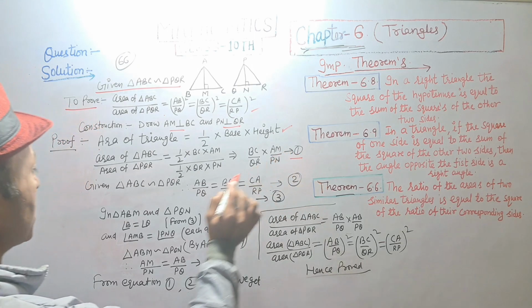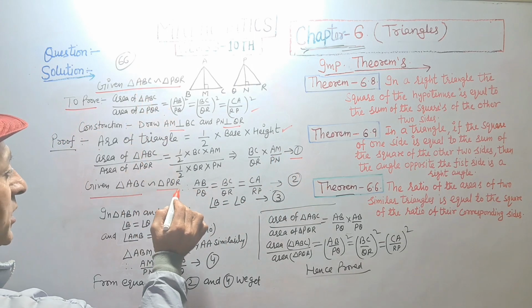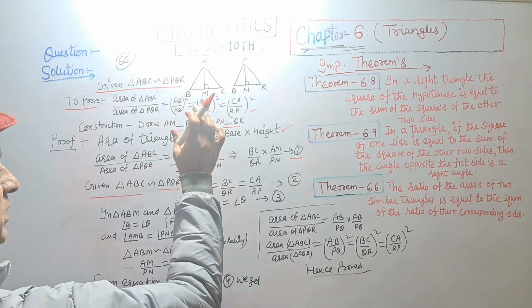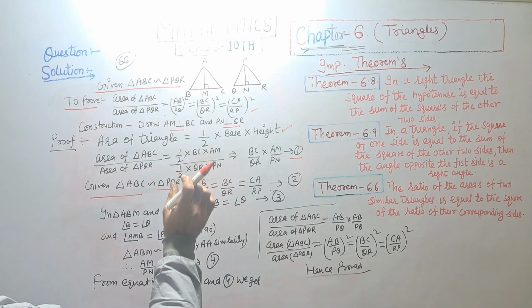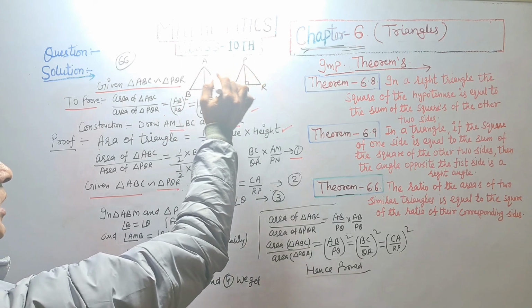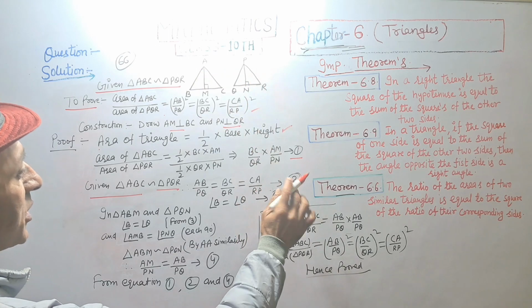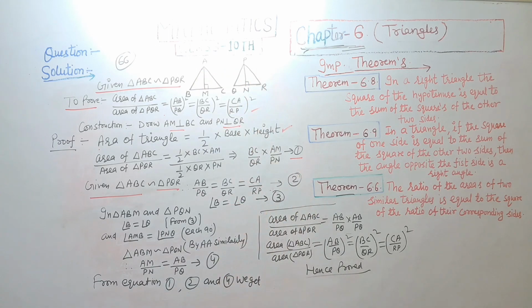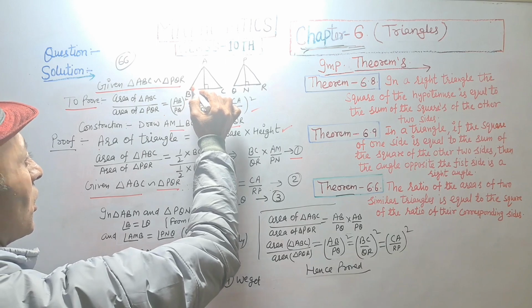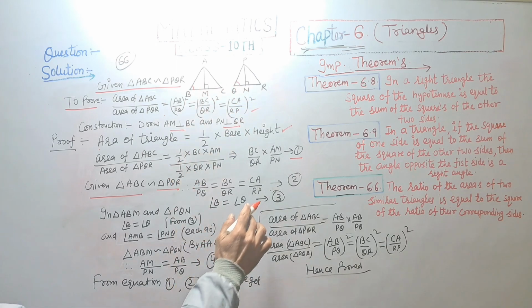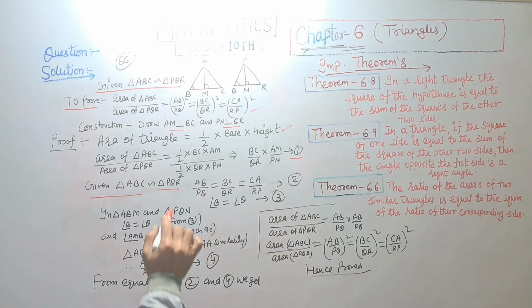It's equation number first. Given triangle ABC is similar to triangle PQR, so sides are proportional: AB upon PQ is equal to BC upon QR is equal to CA upon RP. It's equation number second. And corresponding angles are equal: angle B is equal to angle Q. It's equation number third.